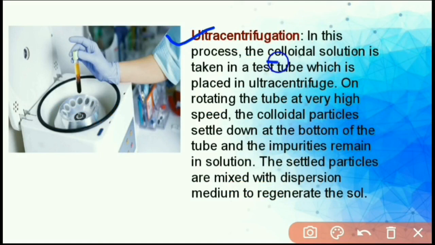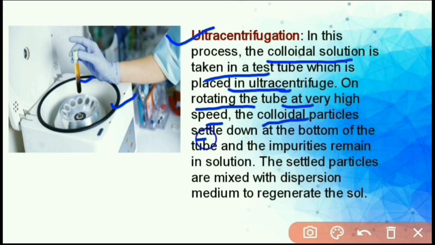In this process, colloidal solution is taken in a test tube and placed in ultracentrifugation equipment, like this is the ultracentrifugation equipment and this is the test tube. On rotating the tube at very high speed, the higher density colloidal particles settle down at the bottom of the tube and the impurities remain in solution.